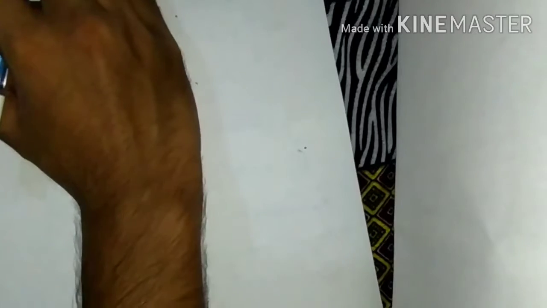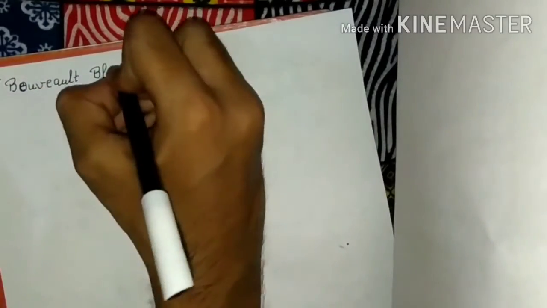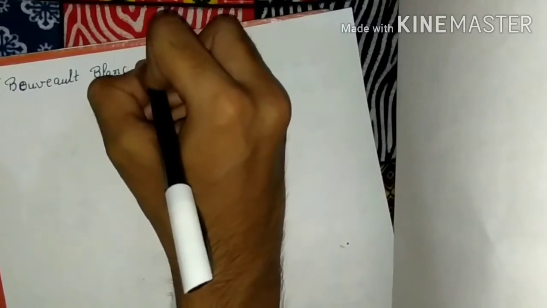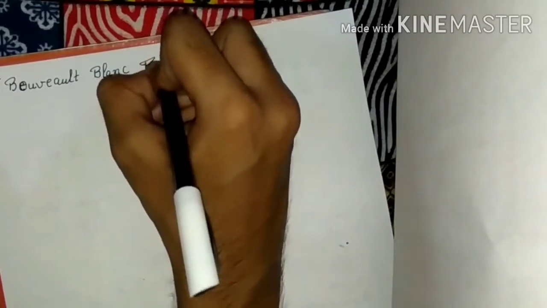Okay, let us turn the page and study our fifth equation. The fifth equation is the Bouveault-Blanc reaction. What a tough name it is. Bouveault-Blanc reaction, not just reaction, it is a reduction reaction.